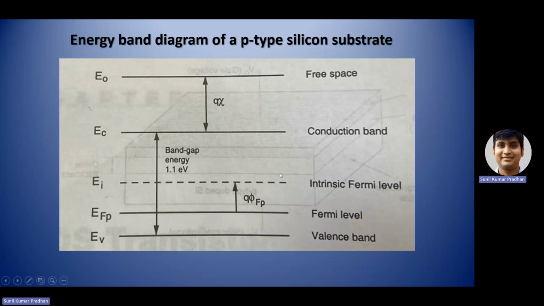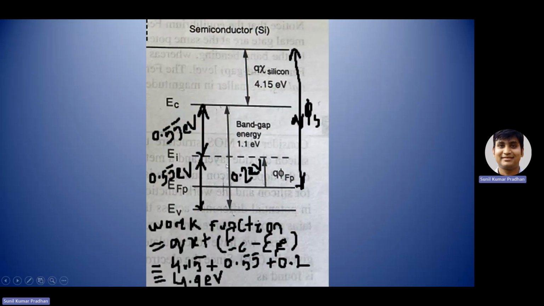Now this intrinsic Fermi level is always in between the conduction and valence band, irrespective of which type of semiconductor, whether it is intrinsic or extrinsic. And the band gap between the conduction band and valence band is 1.1 eV. The electron affinity value is given already as 4.15 eV. So this is the band gap between EC and EV.